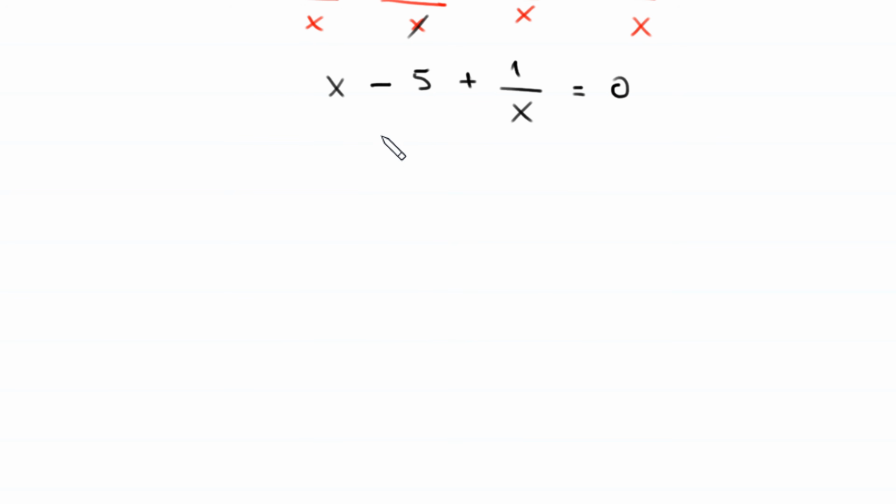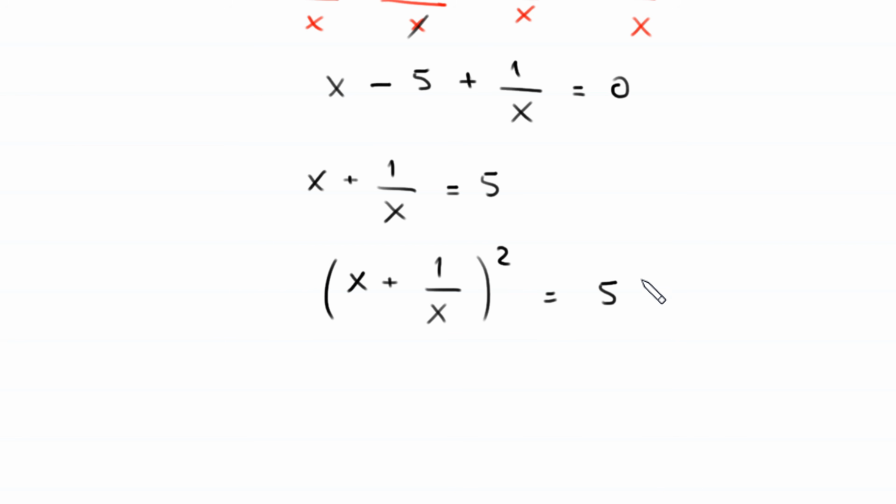Now we move this negative 5 to the right hand side, then this will become x plus 1 over x equal to 5, and from here we take the square of both sides. We take the square of x plus 1 over x on the left hand side, equal to 5 squared on the right hand side.